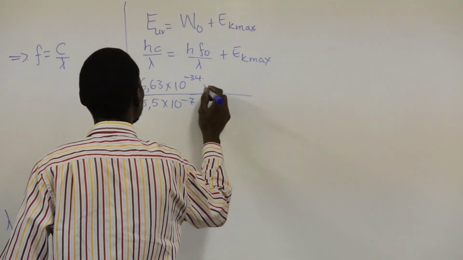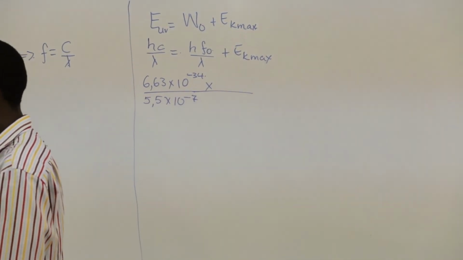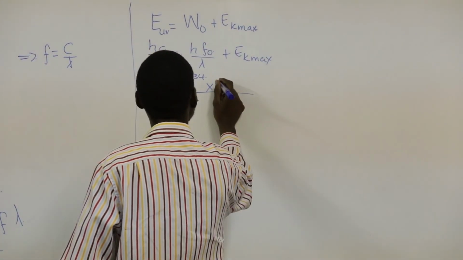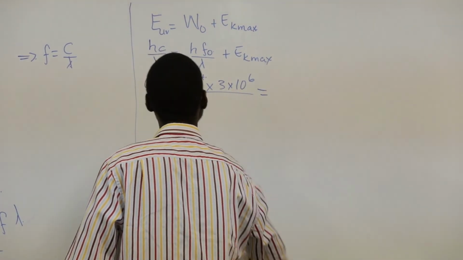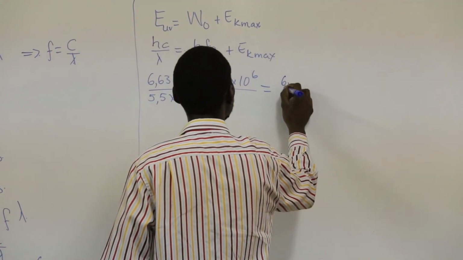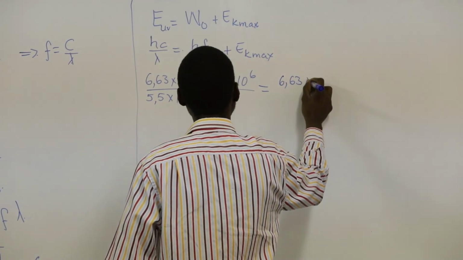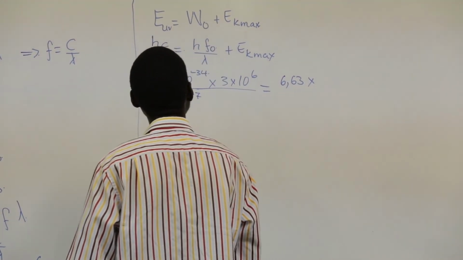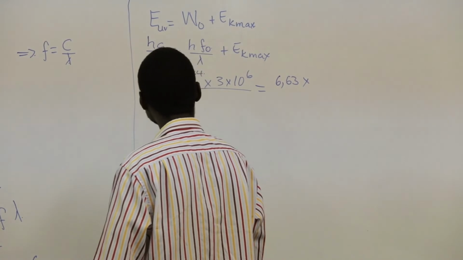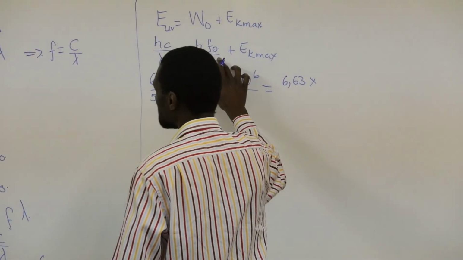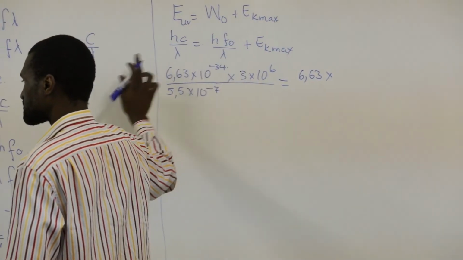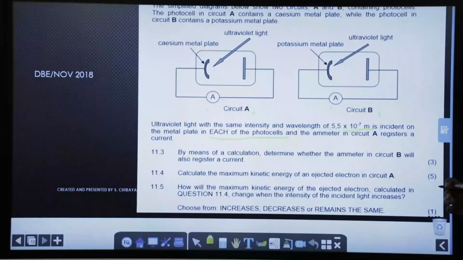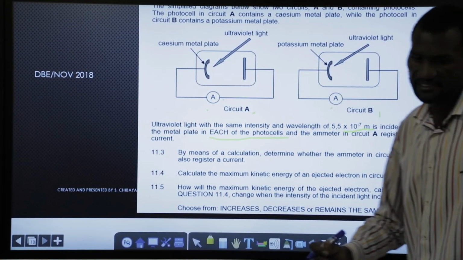multiplied by the speed of light, which we know is 3 times 10 to the power of 6, is equal to 6,63 times the value of f0, which is the frequency threshold of the caesium in this instance.